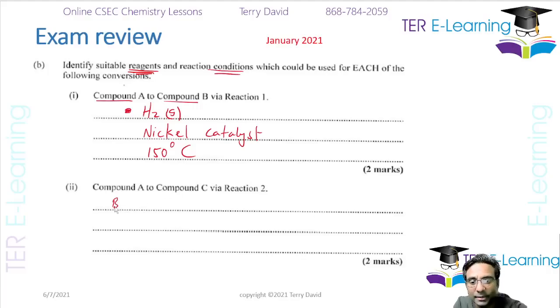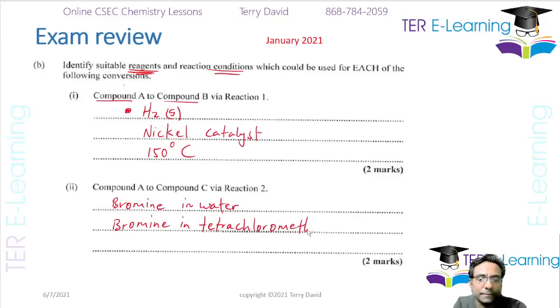You can add bromine in water, or you can add bromine in tetrachloromethane, or what we call CCl4.